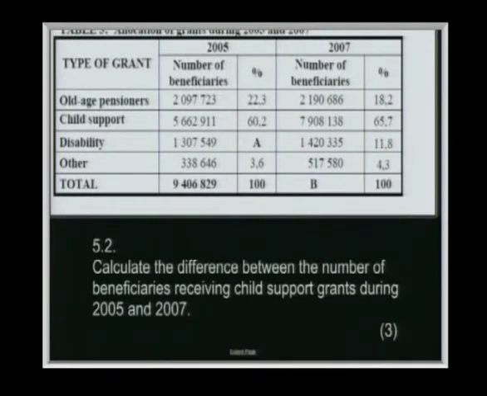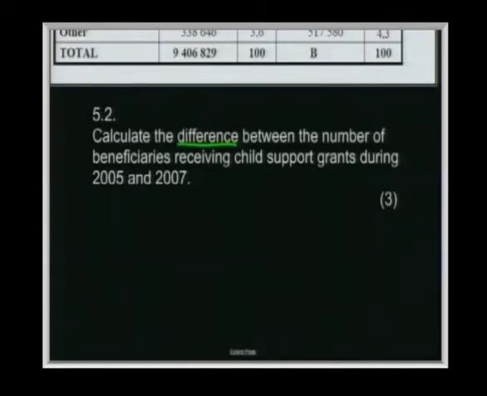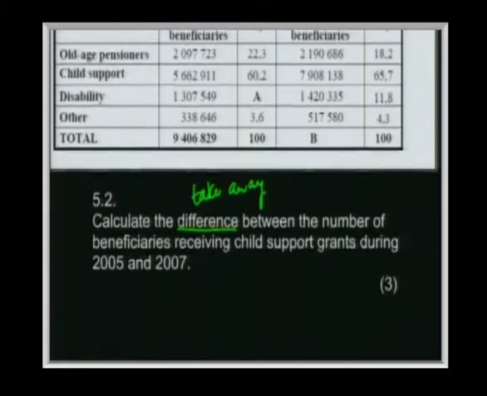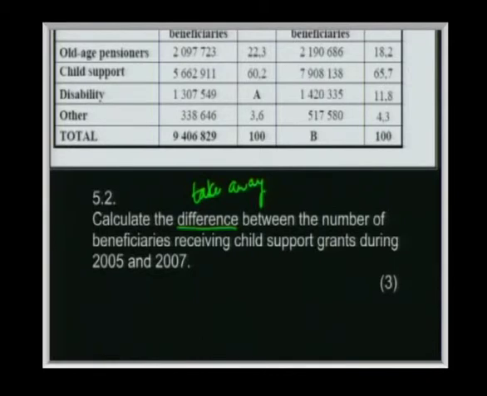Calculate the difference between the number of beneficiaries receiving child support grants during 2005 and 2007. Difference, remember, always means you need to take the two answers away. So I need the difference, so I need to find out what is the two numbers for child support, 2005 and 2007. So I'm going to minus these two numbers, so it's going to be 7,908,138 minus 5,662,911.